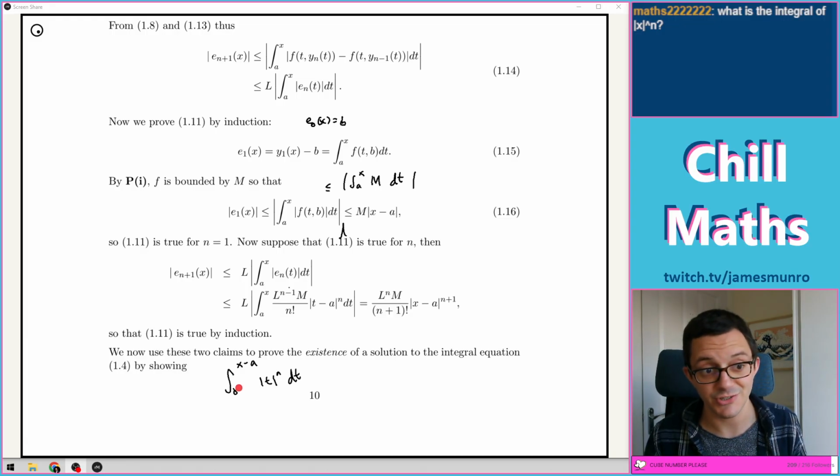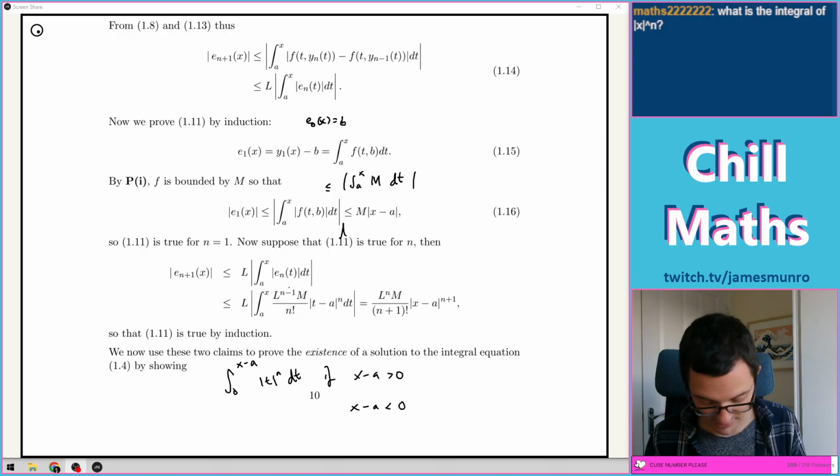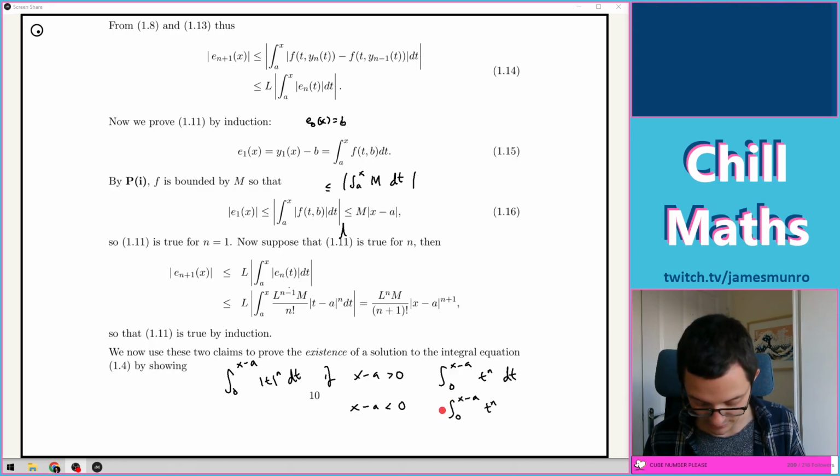There are actually just 2 cases. If X minus A is positive, and if X minus A is negative. Because if this is positive up here, then all the values of t that we're putting into this integral are positive numbers. So we just get this, which is nice. And if there's negative numbers, then all these things that we're putting in are negative.